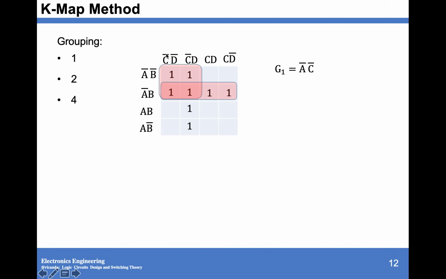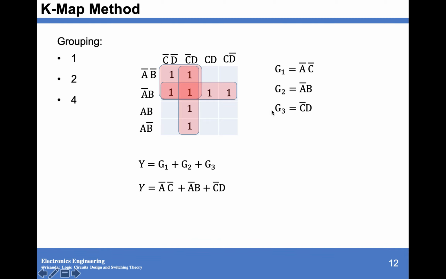Between column 1 and column 2, that is C bar. Columns 2, 3 and 4, that is C. Then we OR, it equals 1. So the remaining is E bar B. Then we have C bar D because you are using all the rows. And your output is E bar C bar or E bar D or C bar D.